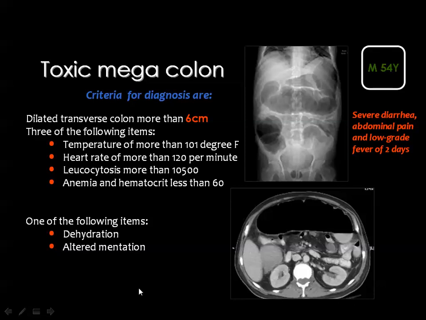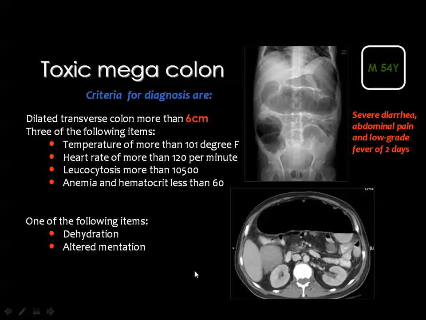The criteria for diagnosis of toxic megacolon is a dilated transverse colon with a caliber of more than 6 centimeters. Some of the literature says 9 centimeters, but 6 is good. The dilatation should be accompanied by three of the following: increased temperature, increased heart rate, leukocytosis, and anemia with hematocrit less than 60.